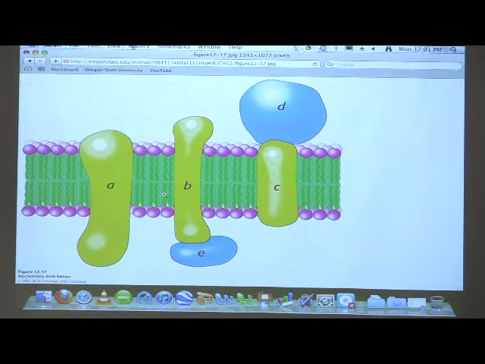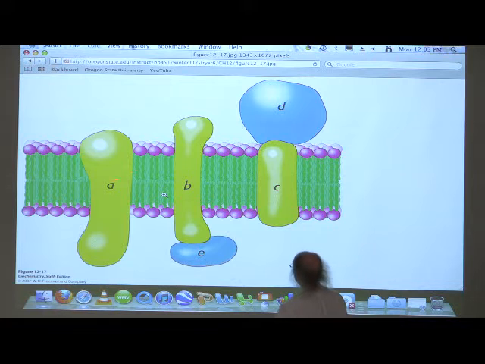When we think about proteins in membranes, we can think of them in about 4 different classes. And you actually see 2 classes on here. Now why they didn't put all 4 on here, I can't tell you. But it depicts for us, first of all, that proteins in membranes can be embedded in the membrane.